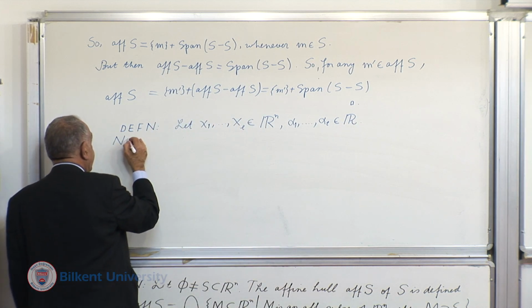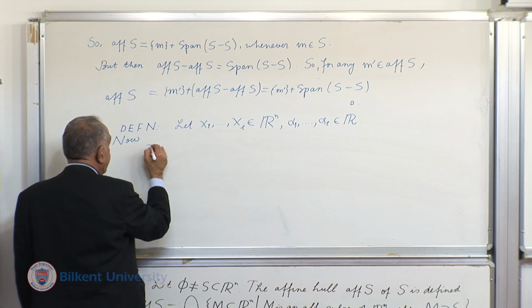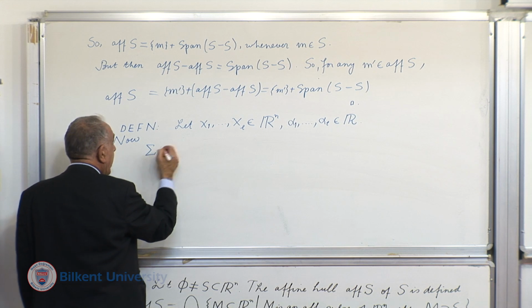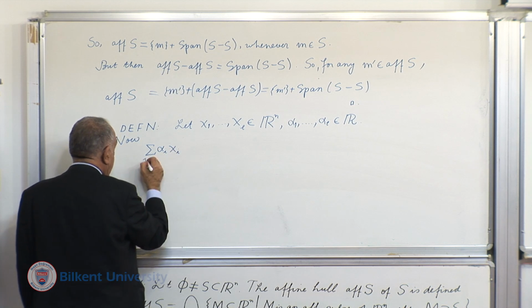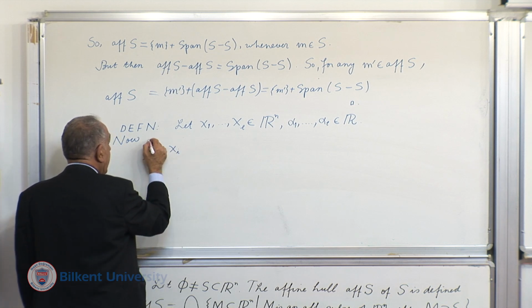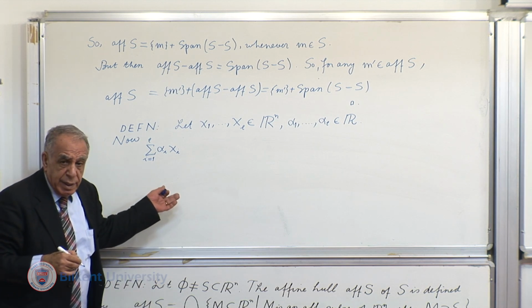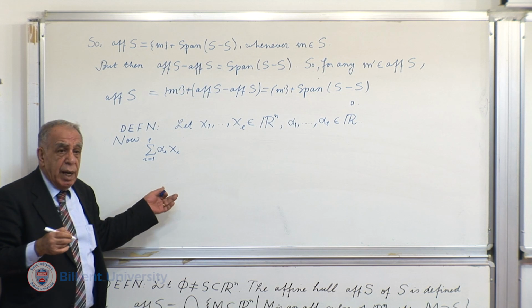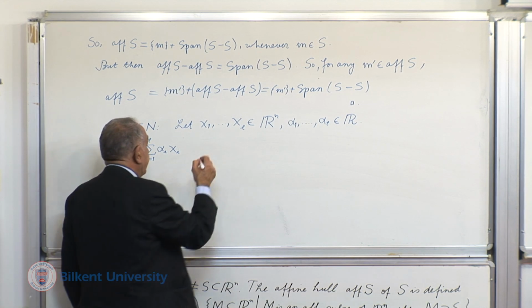Now, the combination of the xi's with coefficients alpha i from 1 to l, well, we refer to this as a linear combination of the xi's.